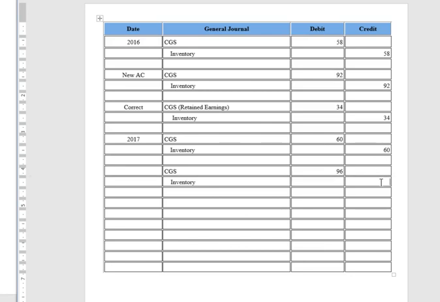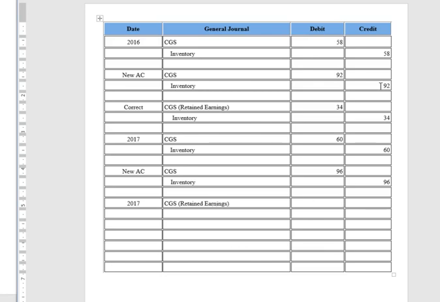So how are we going to go about correcting 2017? This would be our new average cost. So what do I need in 2017 to correct this? Well, again, my cost of goods sold way back when, but remember, I can't hit cost of goods sold because it's closed out, so we're going to have to hit retained earnings.